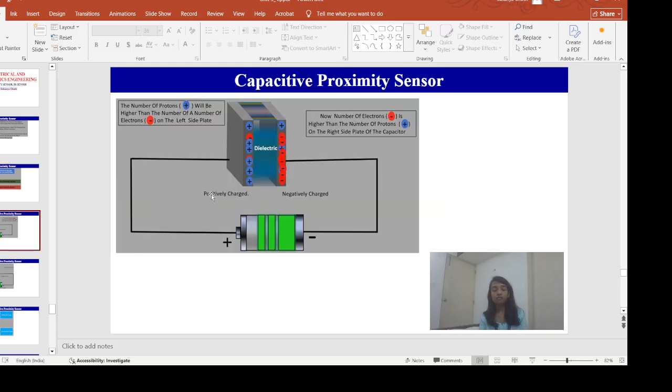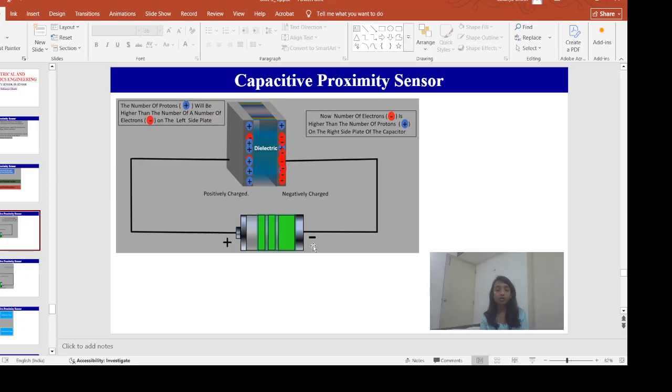First, before we jump into the capacitive proximity sensor, let us understand the concept of a parallel plate capacitor. I know everyone knows this concept, but let us just recapitulate it. In a parallel plate capacitor, the two plates of the capacitor are separated by a dielectric, and these two plates are connected to a battery.